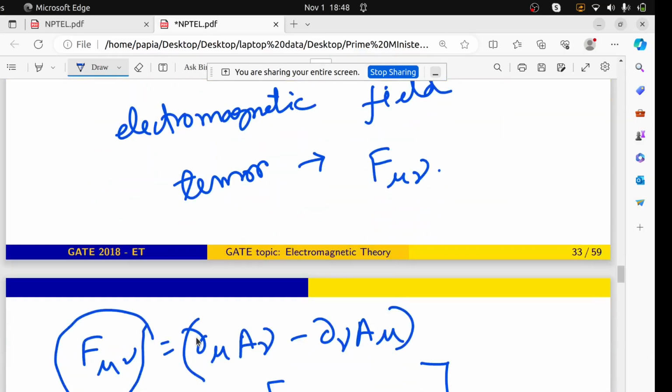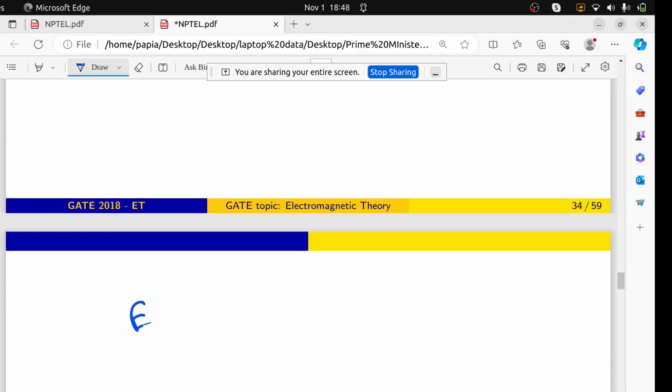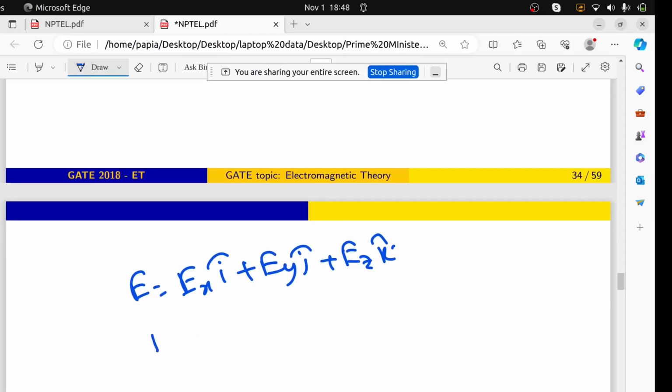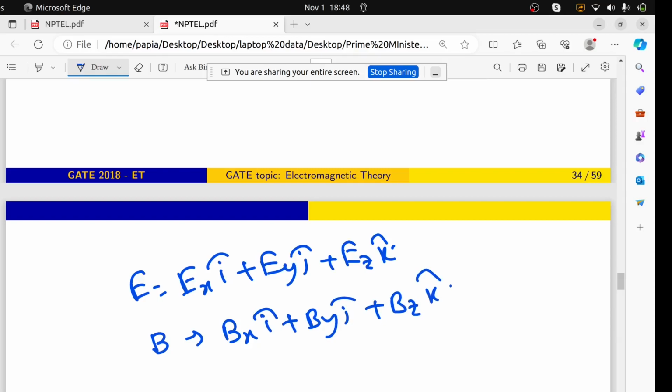E can be written as Ex i cap plus Ey j cap plus Ez k cap, right? Similarly, B can be written as Bx i cap plus By j cap plus Bz k cap. So if I can somehow know the values of Ex, Ey, Ez, Bx, By, Bz, then I can get the value of F mu nu, right?